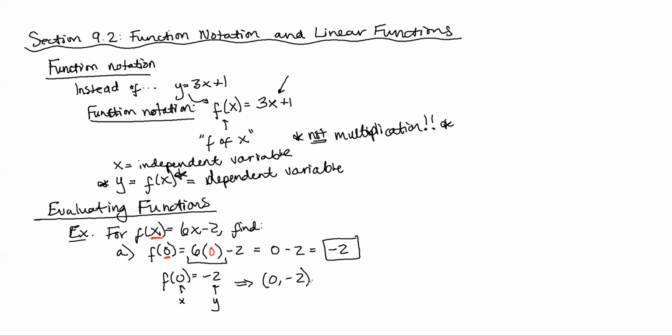Okay, let's go ahead and try another one of these. Let's find f of 1/2. Again, we're still using that equation, f of x equals 6x minus 2. So let's replace this x with our 1/2.